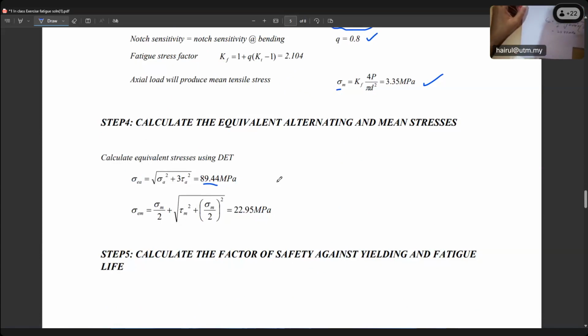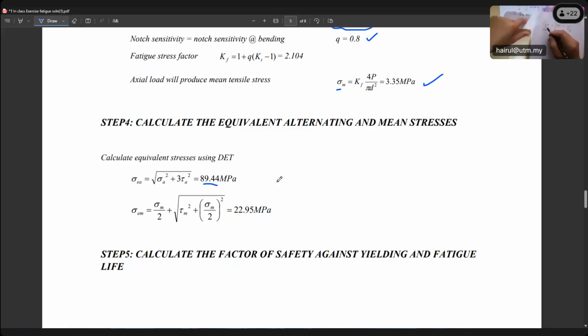Yes, Doctor. Alright, okay. Then we calculate the safety factor. If you look carefully, sigma EA over your SN plus sigma EM over your SUT equals 1 over your Goodman safety factor. And if the question asks for infinite life, you just check for Goodman only. No need to calculate for Langer, yielding, no need.